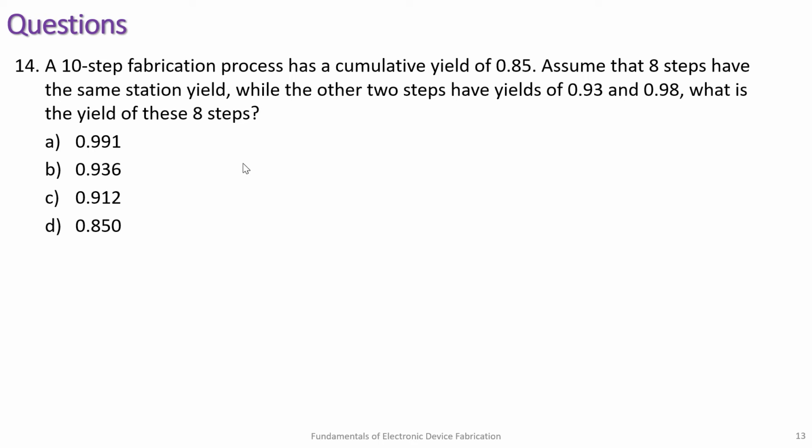Cumulative yield means it will be the product of yields. So, you have to multiply and find the value of x. How would you find the value of x? And remember that it is a 10-step process. And 2 are given, 8 are missing. So, then you need to find the value of x.